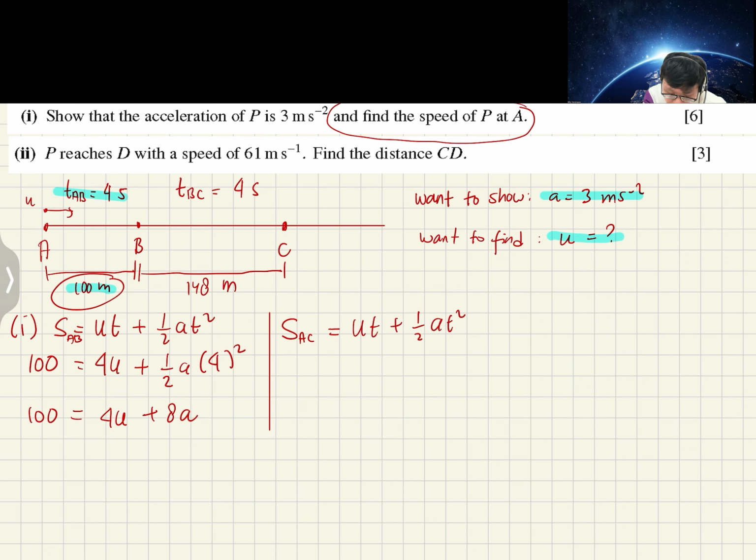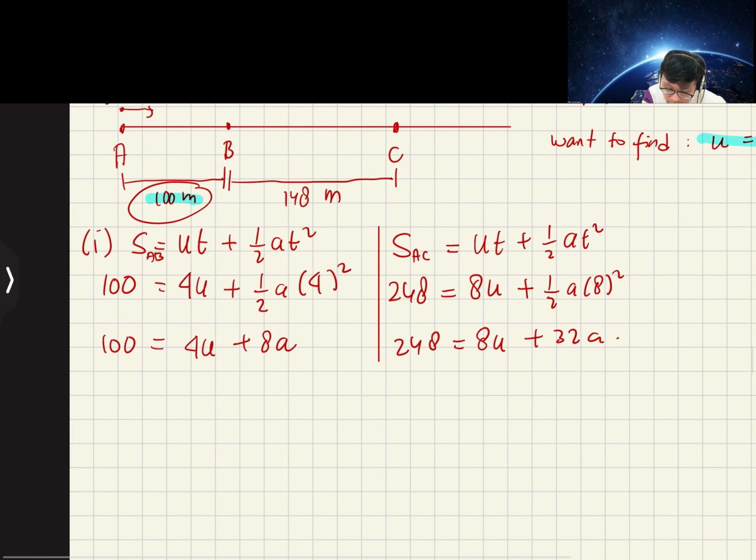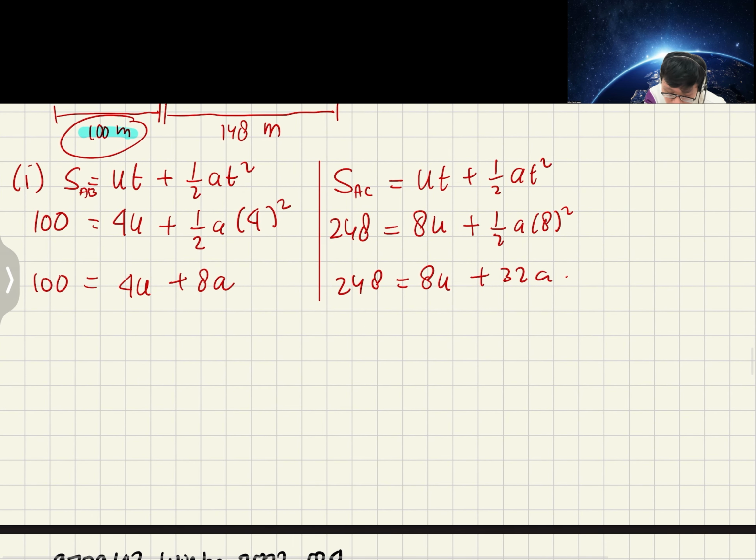So SAC is 248 equals 8U, because the total time now is 8, plus half times A times 8 squared. So you get 248 equals 8U plus 32A. Now we just need to solve simultaneously. So I multiply this by 2 to cancel the U later.